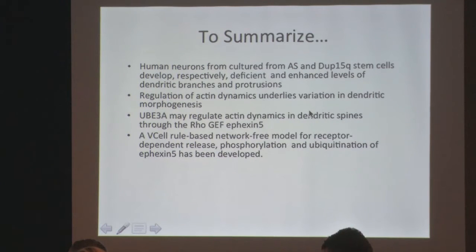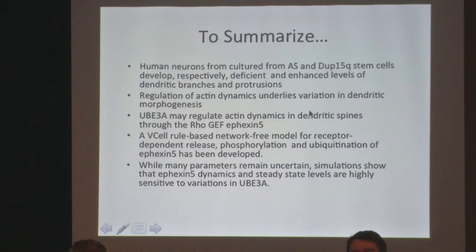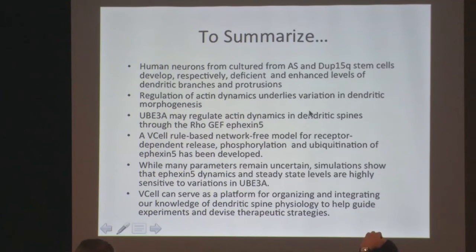We can recapitulate at least the ubiquitin pathway in a Virtual Cell rule-based model. While many parameters remain uncertain, simulations show that affexin 5 dynamics and steady state levels are highly sensitive to variations in UBE3A. And finally, and I hope this is my most important take-home message, VCell can serve as a platform for organizing and integrating our knowledge of dendritic spine physiology.